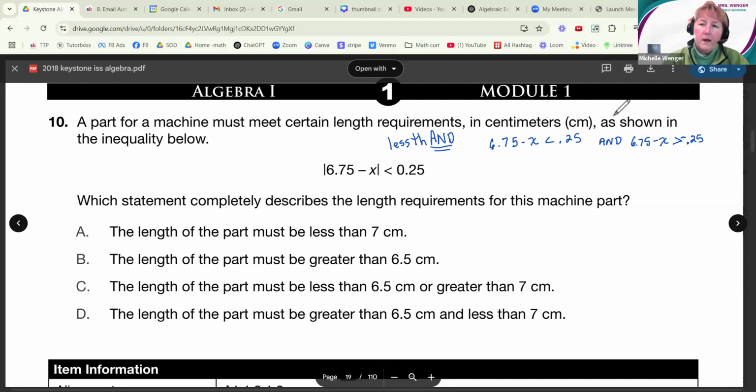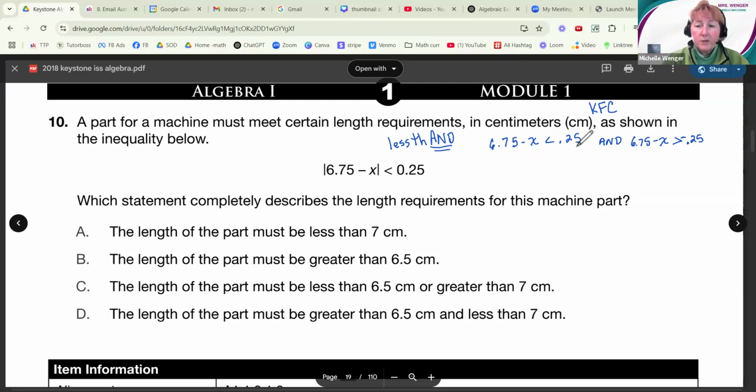Okay, this is what we've referred to as KFC. You keep what's in the absolute values the same. You flip the sign, and then you change whatever's off to the right to the opposite of what you have. So we're going to solve these each independently.